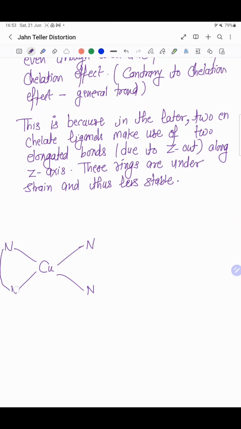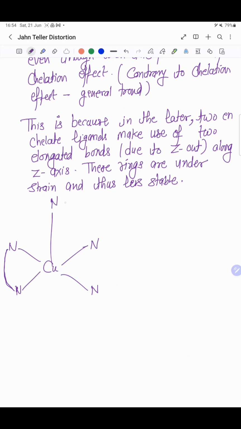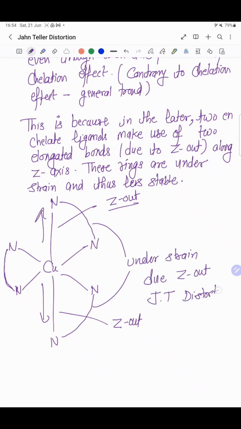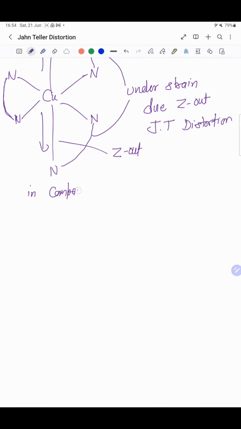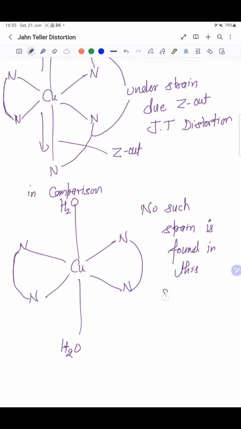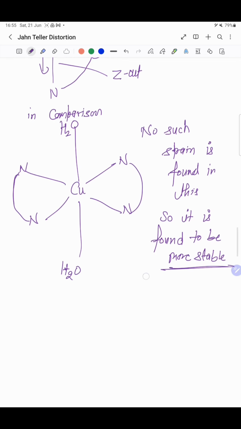When there are three en ligands, two rings will have strain due to z-out elongation. This is not the case in the first one, where the two water molecules are along the z axis and the two ethylenediamine are along the XY plane. So the stability is explained by Jahn-Teller distortion.